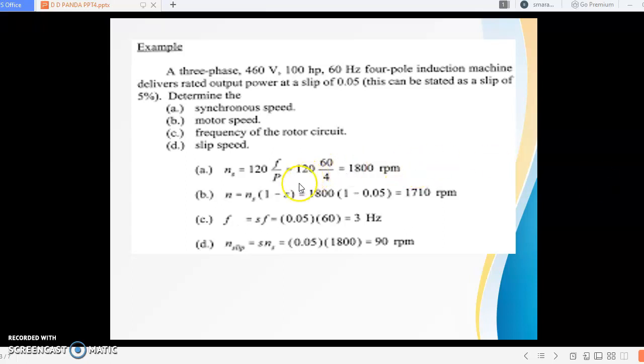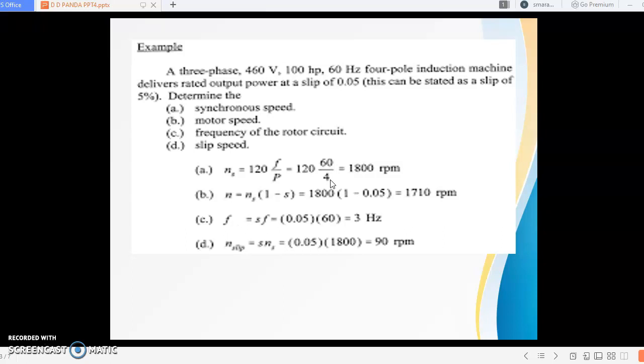So now we will put the values accordingly. Here is your 120. Instead of f, frequency value we have taken, that is given in the question as 60 Hz. So you have taken 60 here, and in the denominator we have to put the number of pole value, and here the number of pole P is 4.